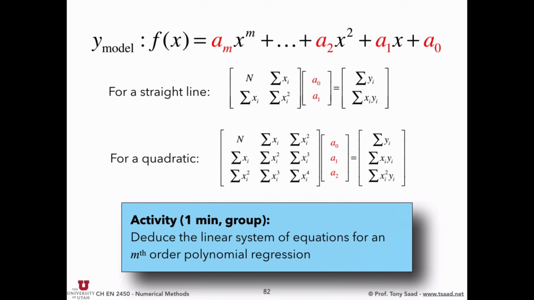Just continue the matrix. Just follow through with the matrix. So, go from a quadratic to a cubic, and then from a cubic to a fourth order polynomial, and then a quintic, and then it will just generalize naturally, okay?